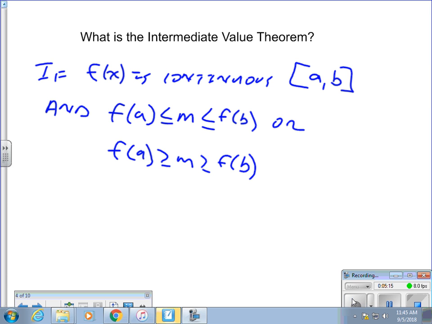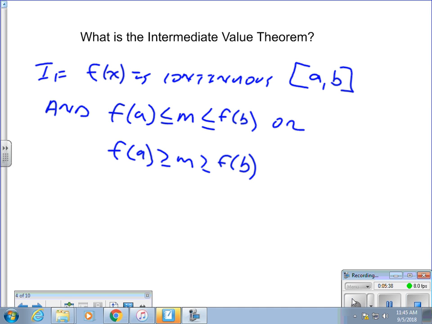Basically, m is between those two y coordinates. And why do I have both of them? Why do I have both of those conditions stated? It has to be in the interval, but why not just use one interval?